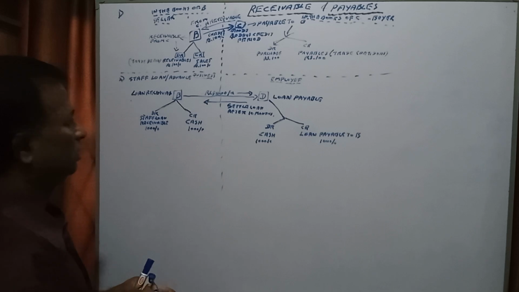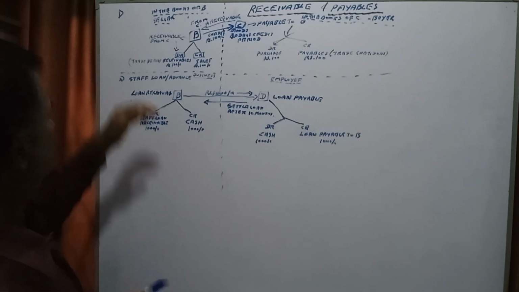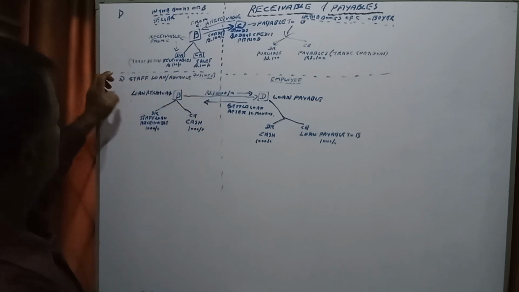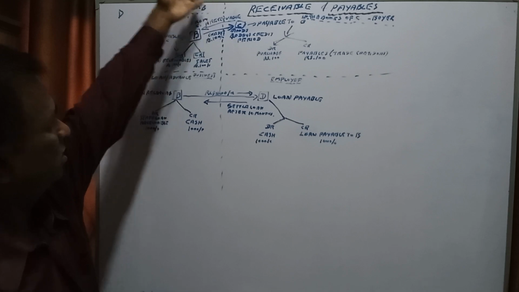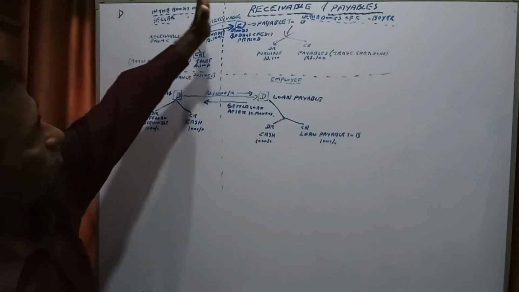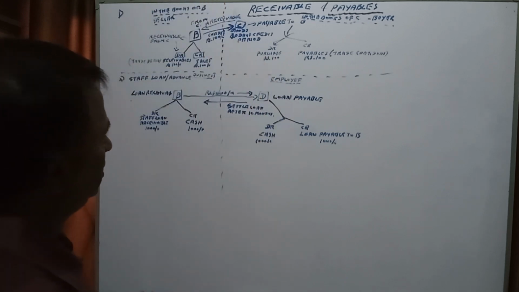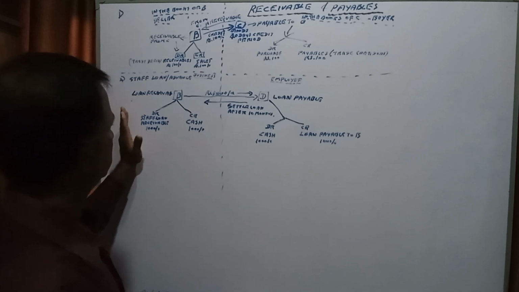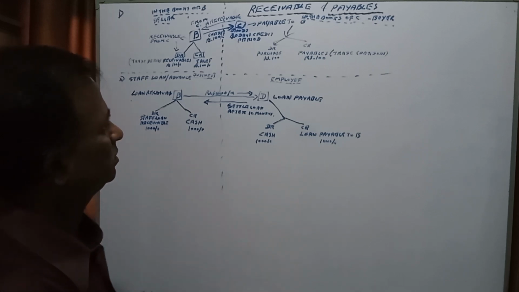This is the entry. This is how staff loan and advances are treated in the books of the business and in the books of the employee. This is also one sort of receivable. This is also one sort of payable.